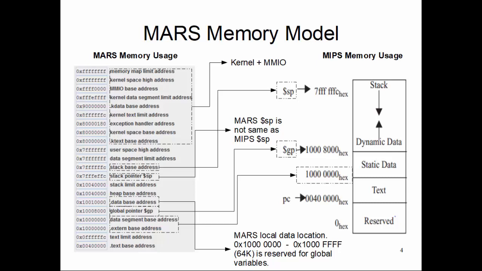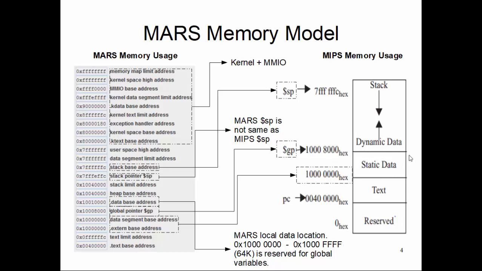If you go minus 32K from the global pointer, you hit the lower boundary of the global variable area, and if you add plus 32K, you hit the upper bound, which is 1000FFFF.